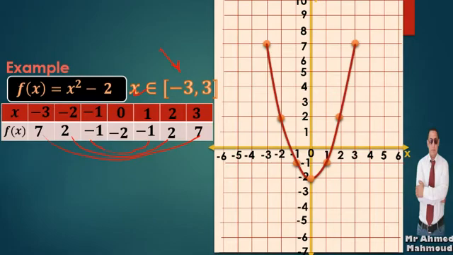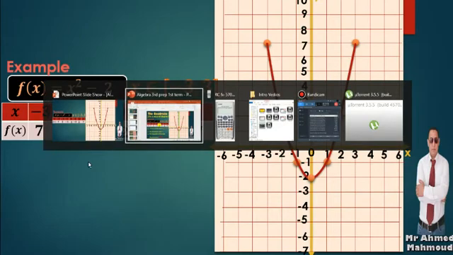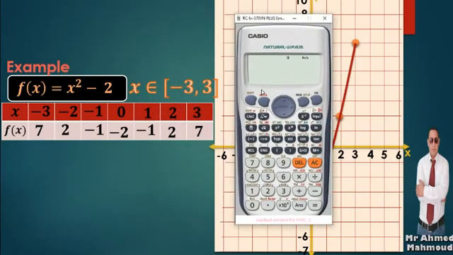Okay. Now I'm going to teach you another way to complete this table by using the calculator. We are going to use the calculator like this. Press mode, table is number 7, then I will press 7.